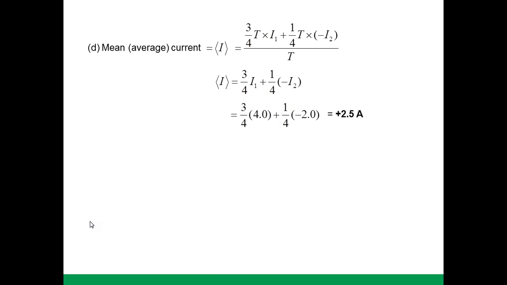Next, let's look at what the average current is. To average the current, since the current is 3/4 of the time at I1 and 1/4 of the time at I2, by substituting in the appropriate values, we find that the average current is 2.5 amperes. Note that this value of 2.5 amperes is lower than the root mean square current.